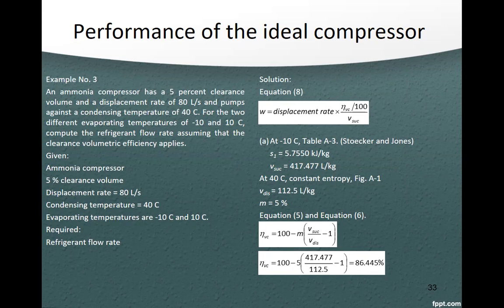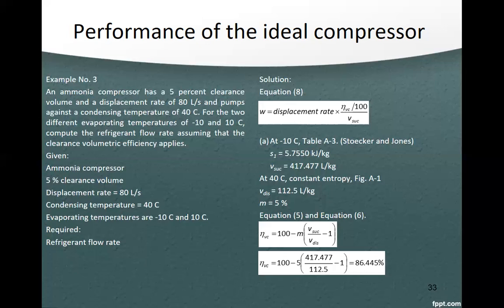At negative 10 C, from the ammonia table, S sub 1 is 5.7550 kilojoule per kilogram K. You need to list the entropy and the specific volume because we will use them for the proportion. S1 is equal to 5.755 and the suction specific volume is 417.477 liters per kilogram.